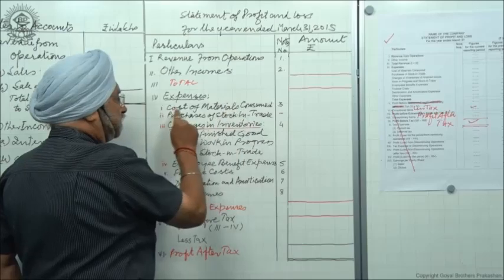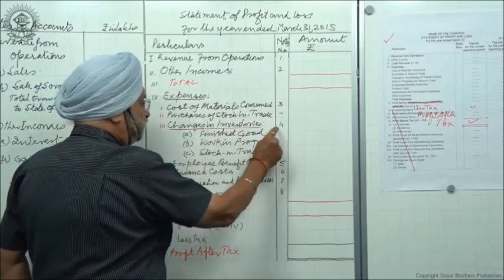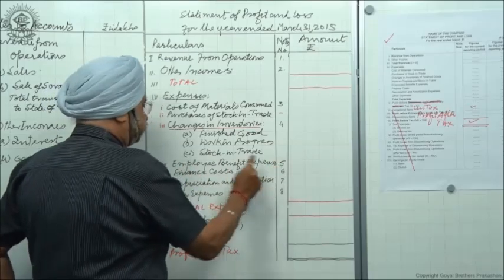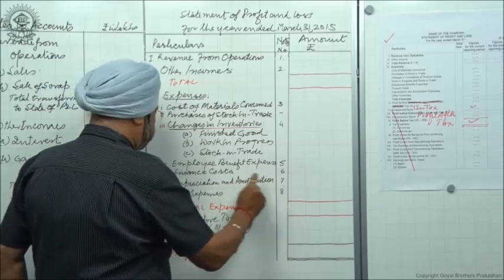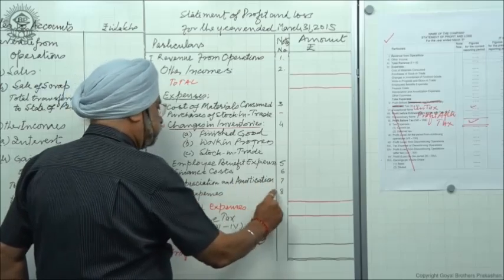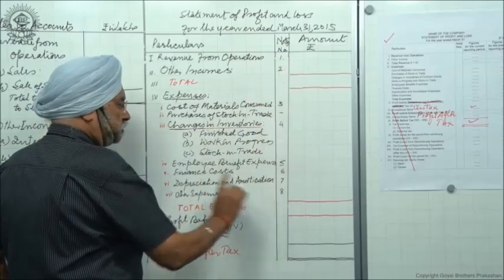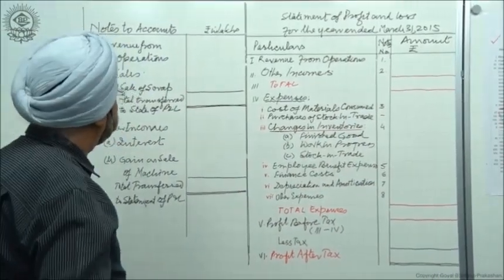Notes to accounts for cost of material, notes to accounts for changes in inventories, number 4. Notes to accounts for employee benefit expenses, finance cost, depreciation, amortization, other expenses. So if you want detail, you have to go to the notes. And here I am taking an example to explain this to you.